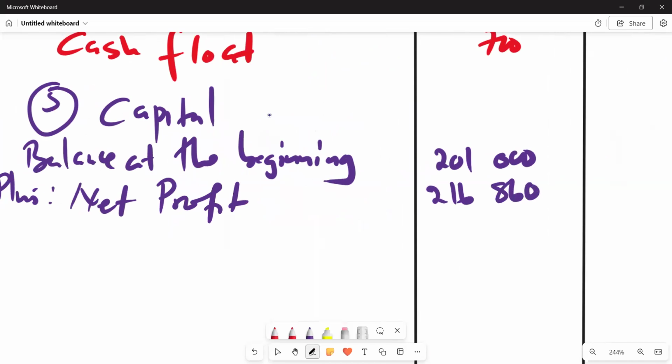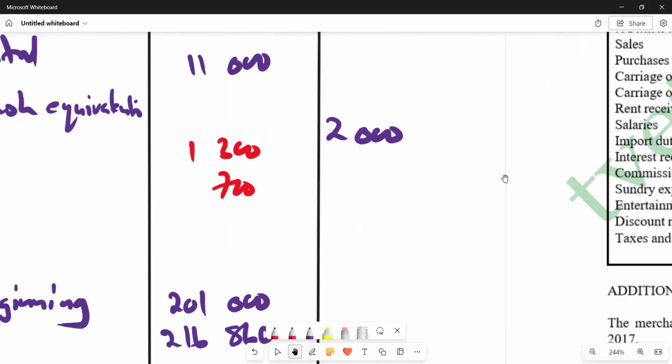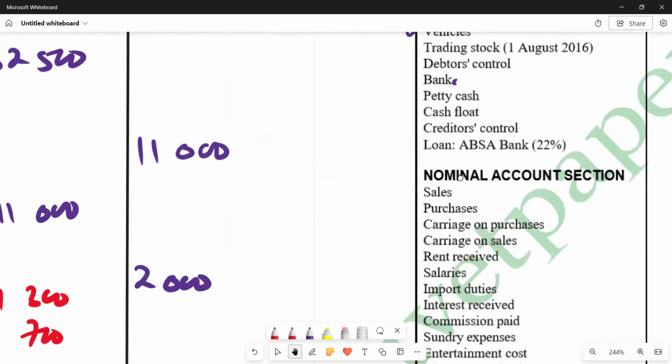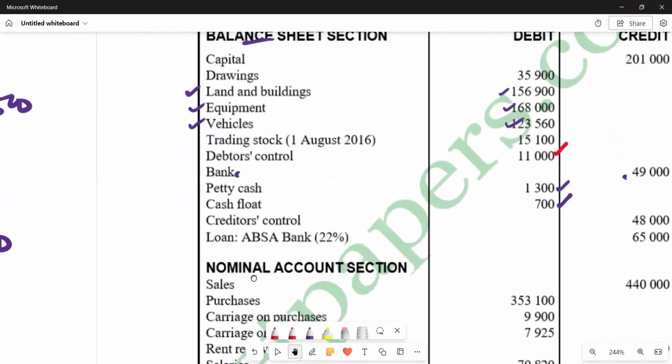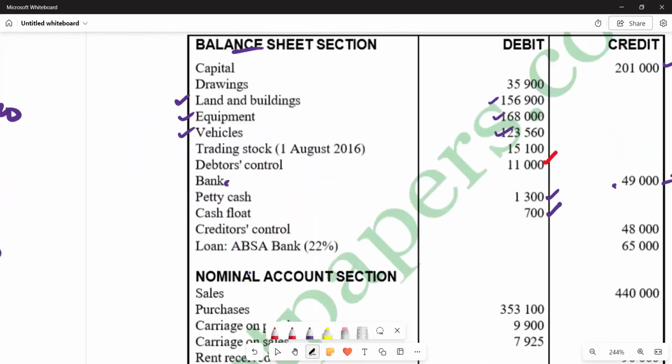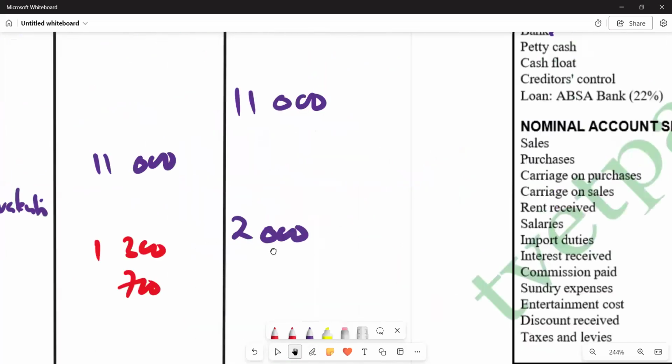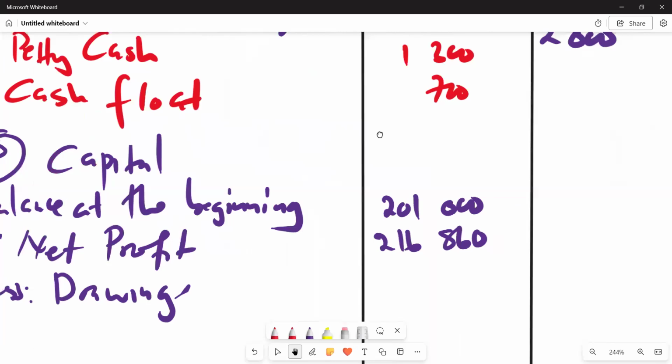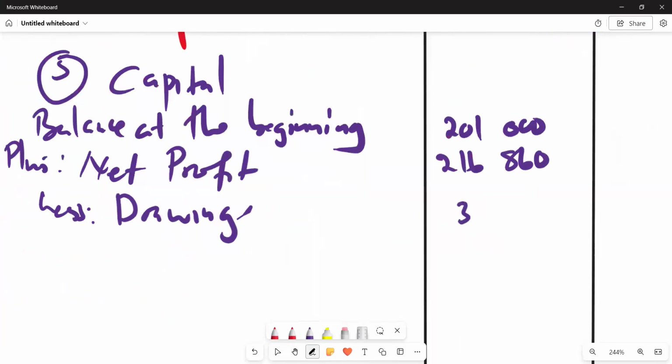And then we less our drawings. We go again to the question to find out about the figure for drawings. You'll see that the figure for drawings is here, which is 35,900. So we're just going to subtract 35,900. You can put it in brackets.